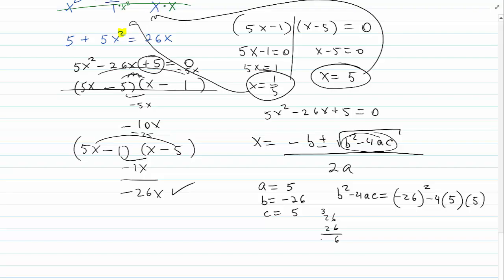Let me just write it over here. 676. Okay, so 676 minus, and this one is 100. 576.